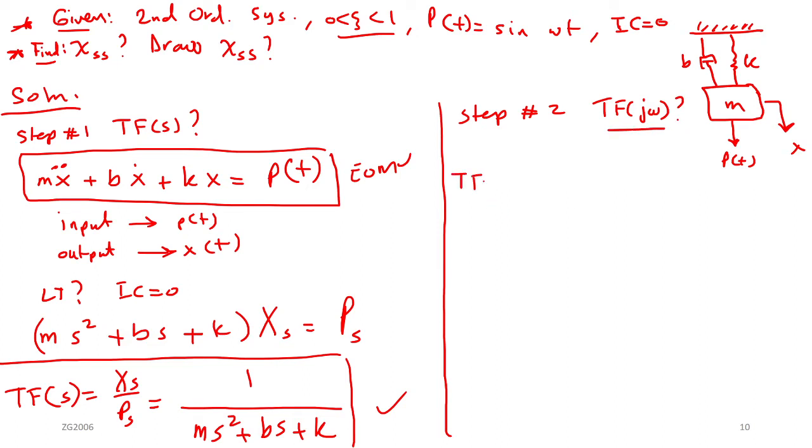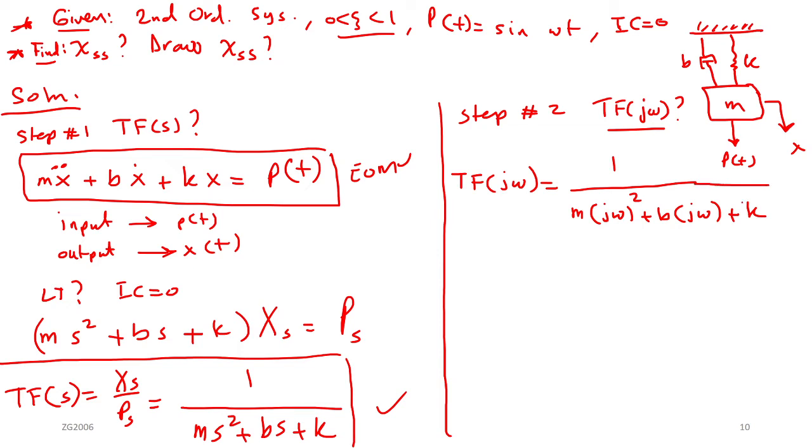Just plug in j omega here and here. So it's going to be 1 over m (j omega) squared plus b j omega plus k.